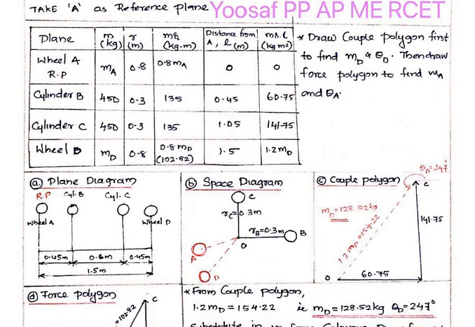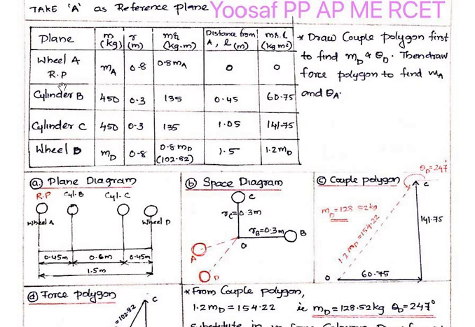So let us draw a tabular column. First is plane A, the wheel A, and plane B is for cylinder with mass MB, and plane C with cylinder mass MC. Since MB and MC are 450, as we found out, we have to find the value of MA, that is the counter mass or balancing mass placed in the plane of wheel A. Similarly for wheel D, the balancing mass is MD.